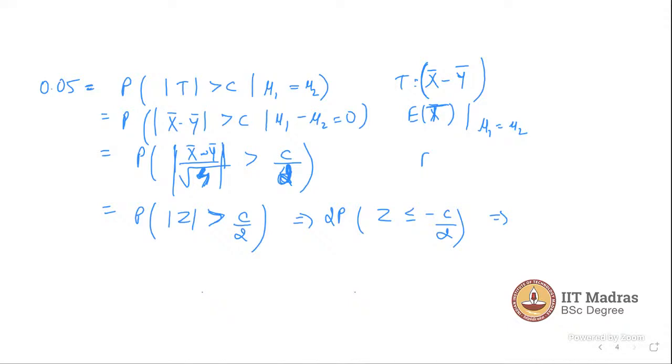So here also we have to subtract mu, T minus mu by sigma by root n. H naught is mu equals 1400, and H1 is mu not equals 1400. Now I'm taking my test statistic T to be X bar.